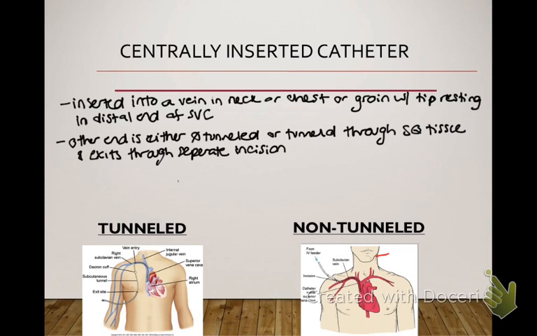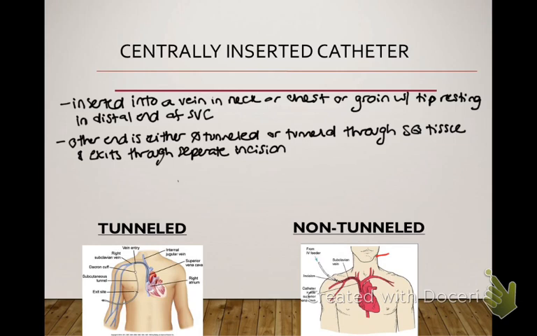So they'll make the incision here, and they take their little tube and put it into the superior vena cava. They'll either leave it out like that, non-tunneled, or they'll put it under the skin like this one is, and it will be tunneled. Does that make sense? So there'll be 2 little incisions.